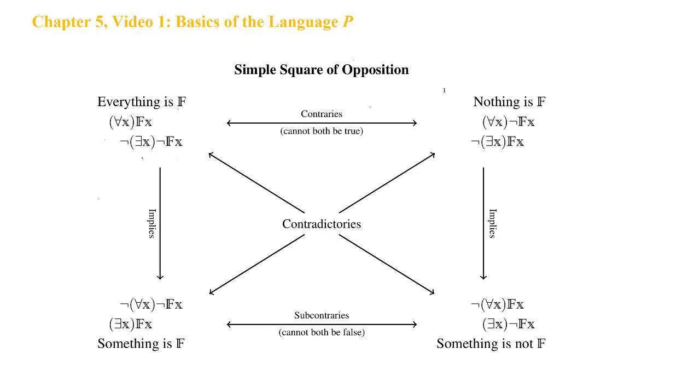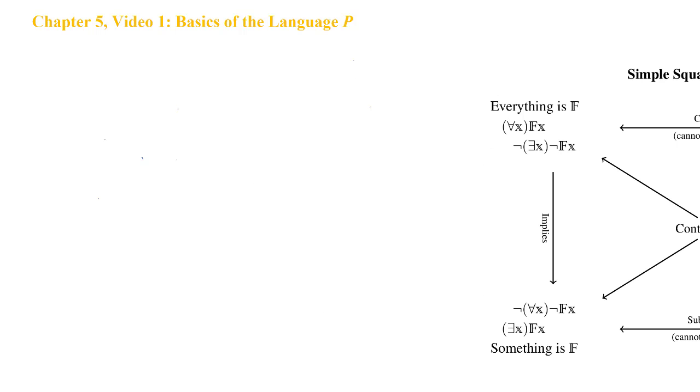One additional point worth noting here is that if we focus on the upper left and lower left corners of this square, we can see the quantifier equivalences. What we mean by this is that for any given predicate Fx, all x Fx is going to be equivalent to replacing the universal quantifier with the existential quantifier flanked by negations: not some x, not Fx.